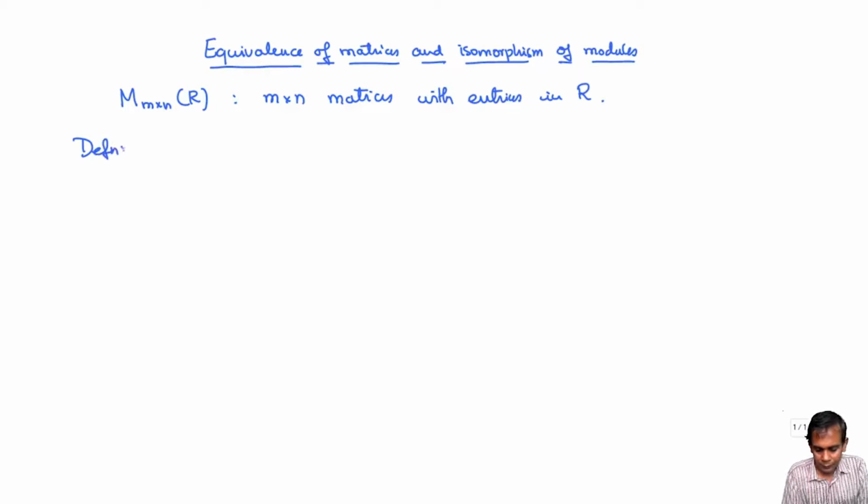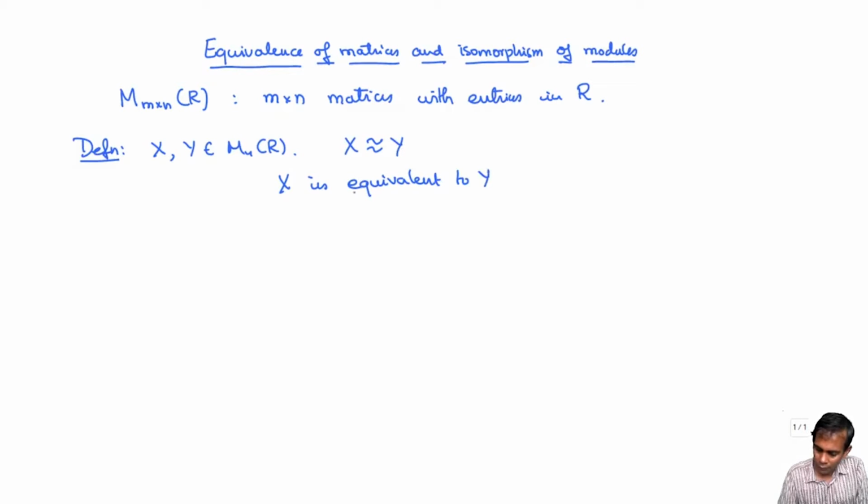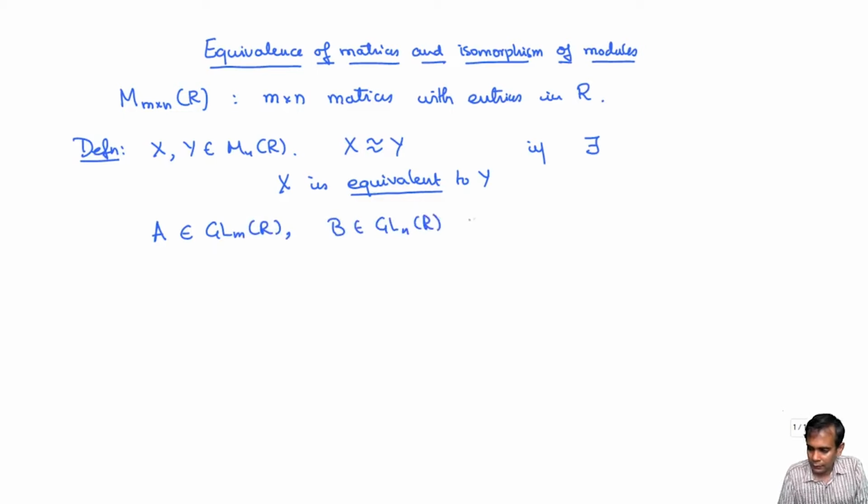Definition: we'll say that X, Y in M_{m×n}(R), X is equivalent to Y if there exist two matrices A in GL_m(R) and B in GL_n(R) such that Y is equal to AXB.